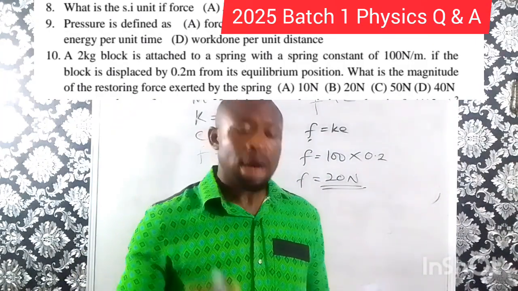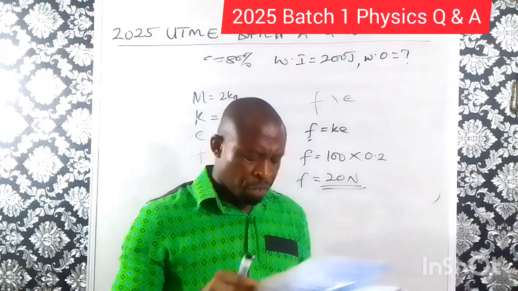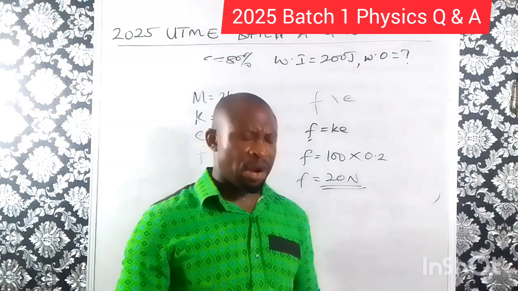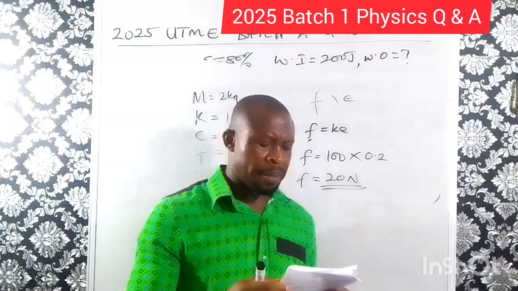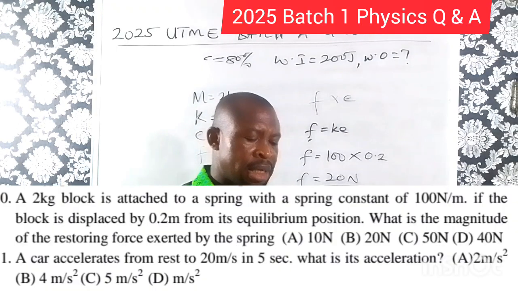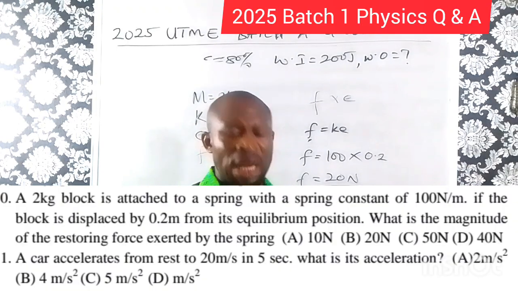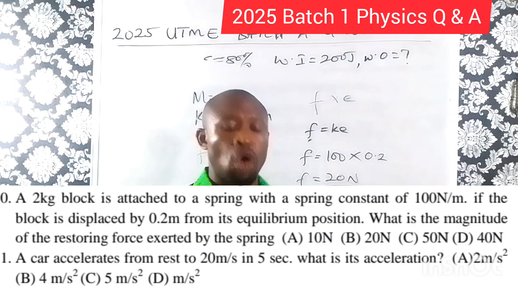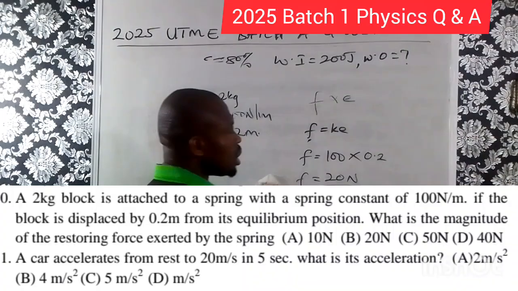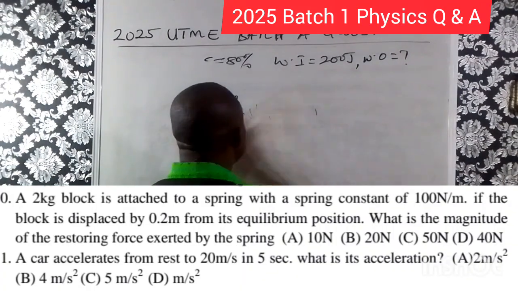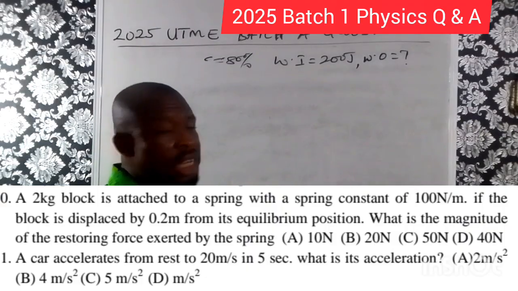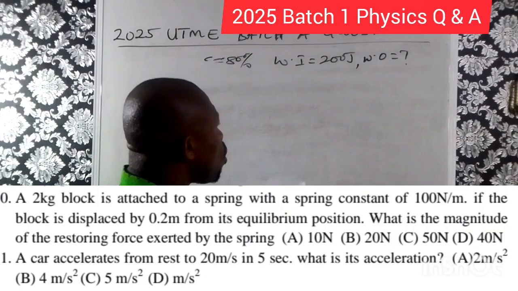Now, we move to the next question. This question says, a car accelerates from rest to 20 meters per second in 5 seconds. What is its acceleration? Very simple. Most people did this in SS1.